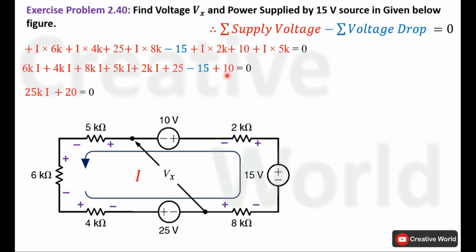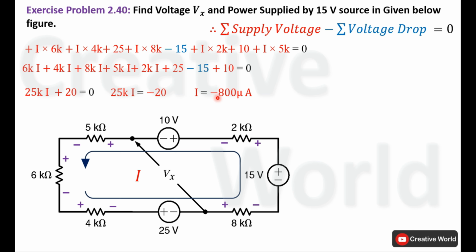The equation will become 25kI plus 20 equal to 0. Place plus 20 on the other side of the equal sign, the equation will become 25kI equal to minus 20. Now divide both sides by 25k to calculate the value of current I, that will become minus 800 microampere.